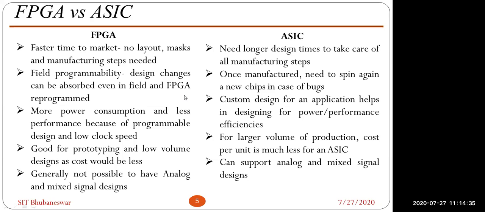So that's why this is a large volume of production, and finally the cost per unit chip is less here. But in FPGA the cost is very high, because even a single FPGA is used in a lot of application domains. So that's why its cost is very high.